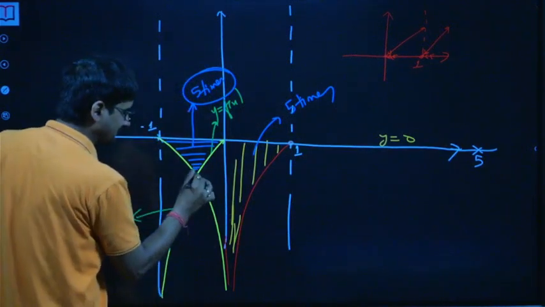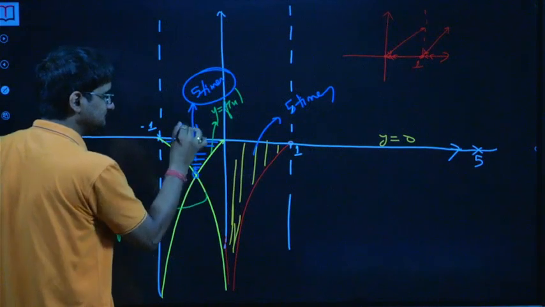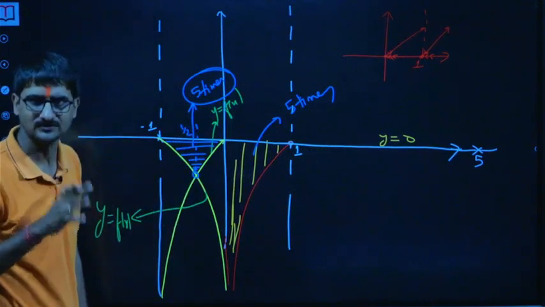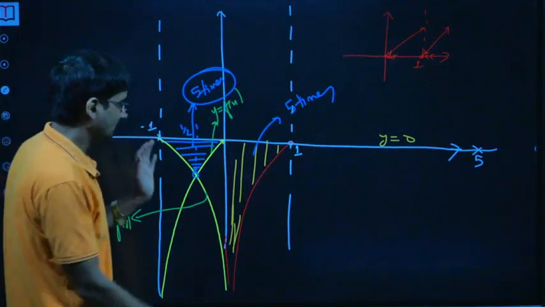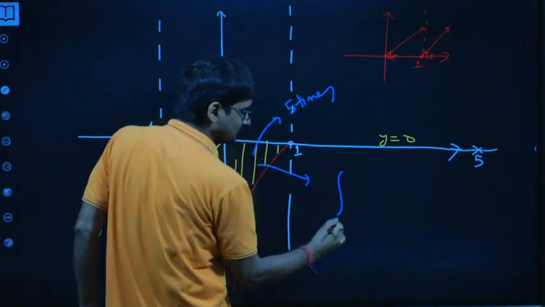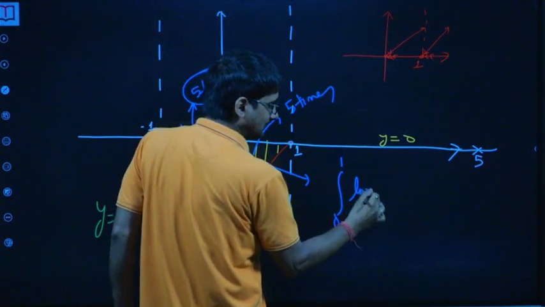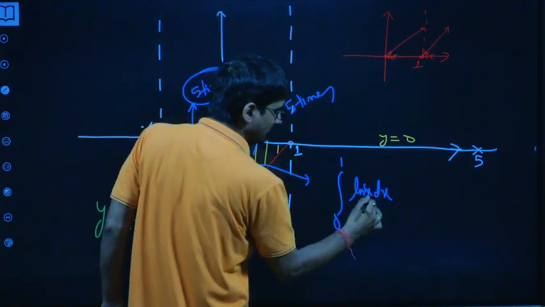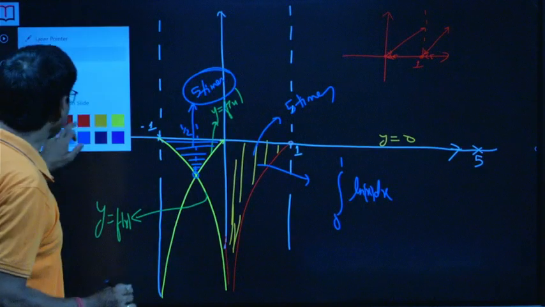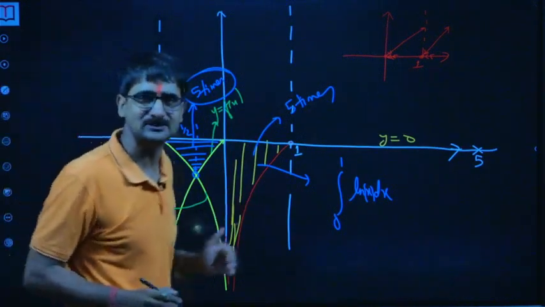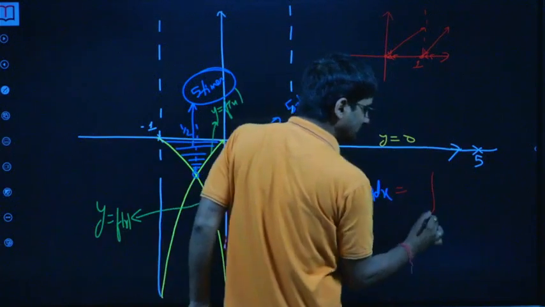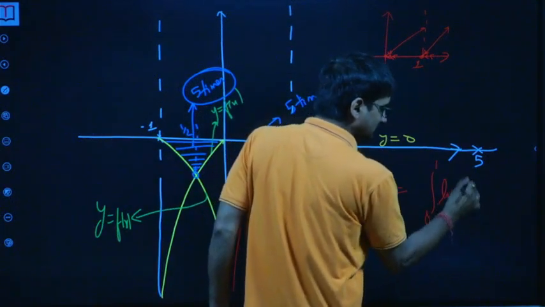Now see, simple, this has to be half. This has to be half, no doubt about it. So it's from 0 to 1 ln x dx, ln of the fractional part of x dx. But when x lies between 0 and 1, the fractional part of x is the same as x. So 0 to 1 ln x dx.